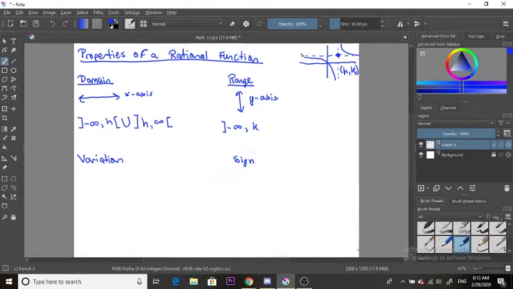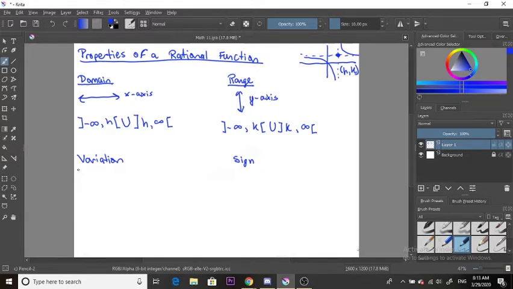Now again, k is an asymptote, so we have to have our brackets facing out. Then we put our little u for the union, and then we open bracket again facing away from the k. That's where we're going to start for the top portion, all the way to positive infinity. So this is what we would put in for our range. So these two properties are pretty straightforward.